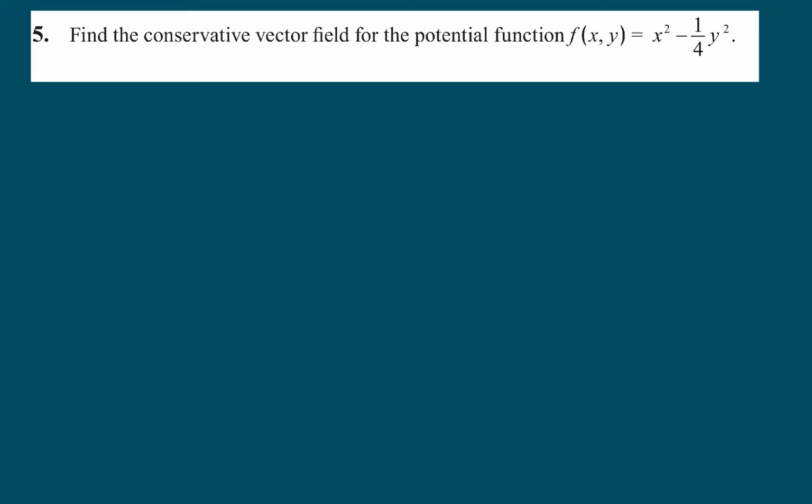Given the potential, given f of xy, who is the vector field? Well, the vector field is simply the gradient of f. The gradient of f in mathematics is the vector field. If f represents force, the force is minus the gradient of f. But in this case, the gradient of f is the vector field.